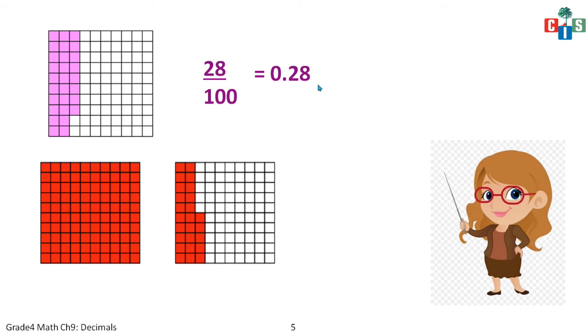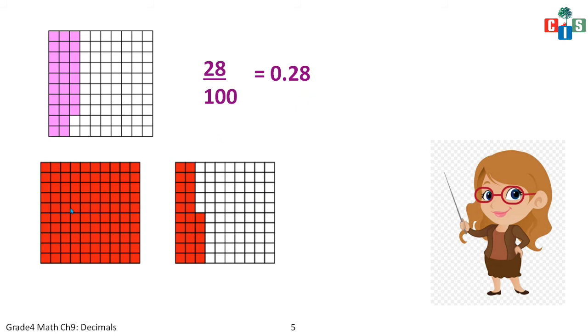How to read it? 28 by 100, zero point two eight, not zero point twenty-eight. Reading it that way is wrong. Clear?